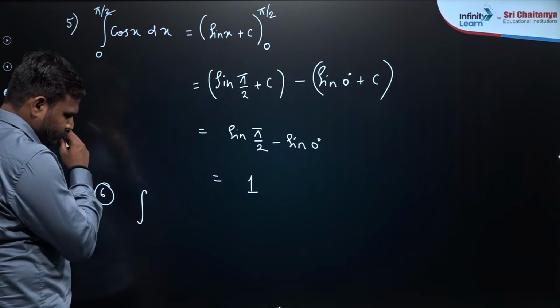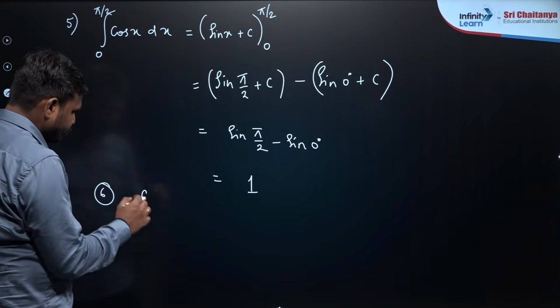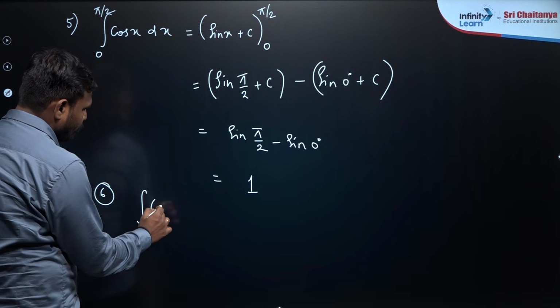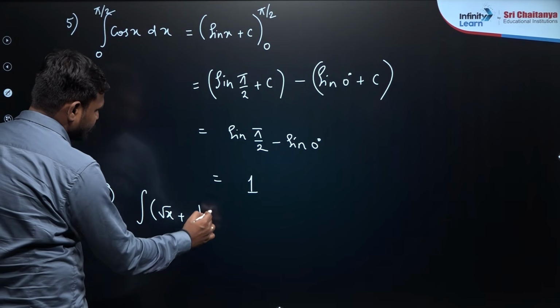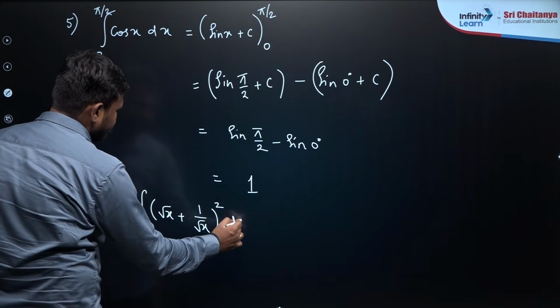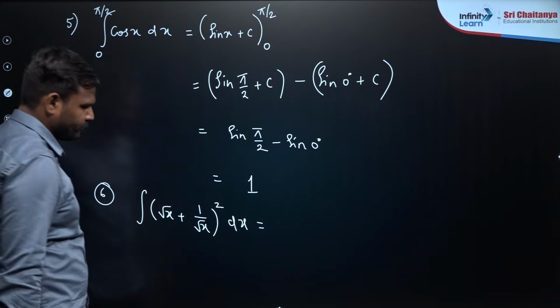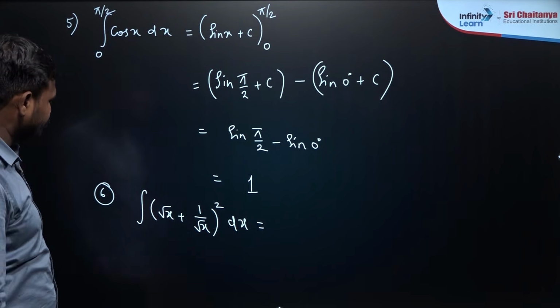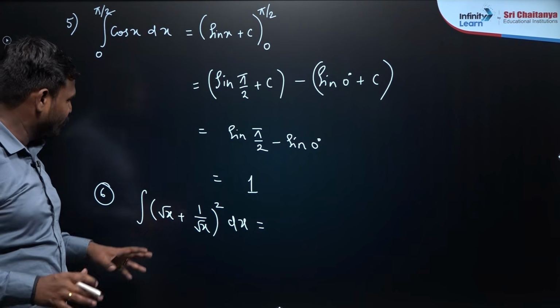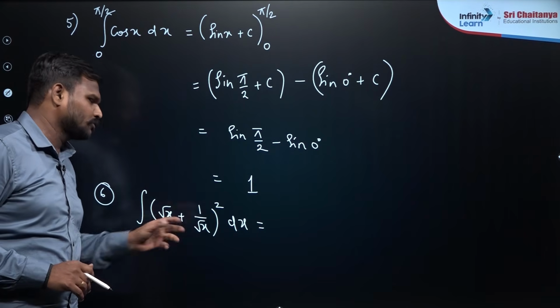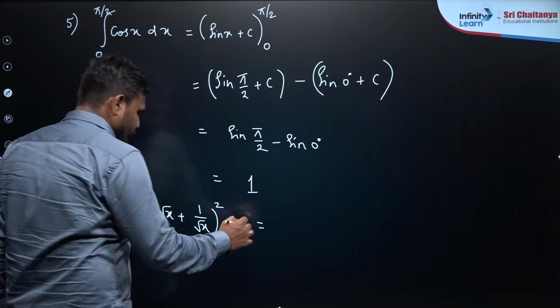Integral of (root x plus 1 by root x) whole square, let us say. Like this they have given. Looks like a very terrific question. No. What we have to do is, in the form of (a plus b) whole square, expand the equation.